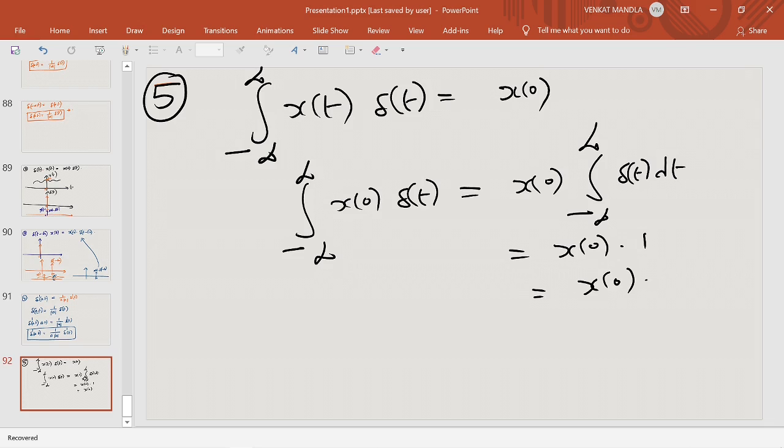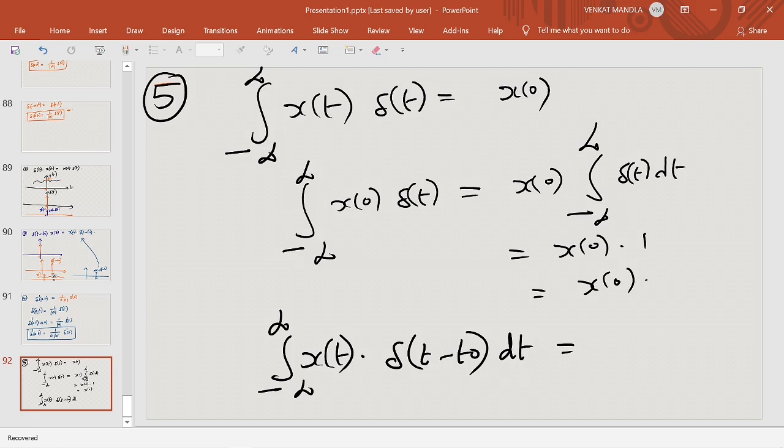And here itself I will discuss one more. Integral minus infinity to plus infinity x of t into del of t minus t naught into dt is x of t naught, because del of t minus t naught exists only at t equal to t naught, so x of t naught into del of t minus t naught.